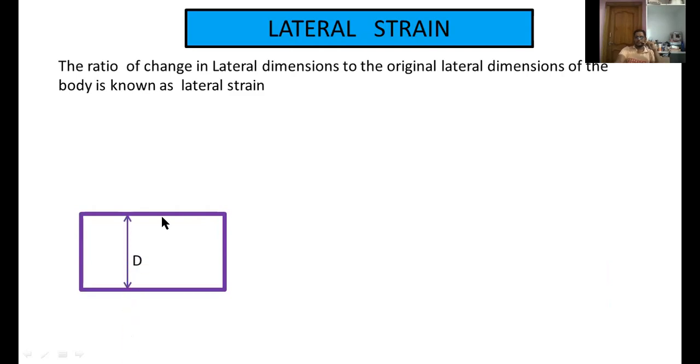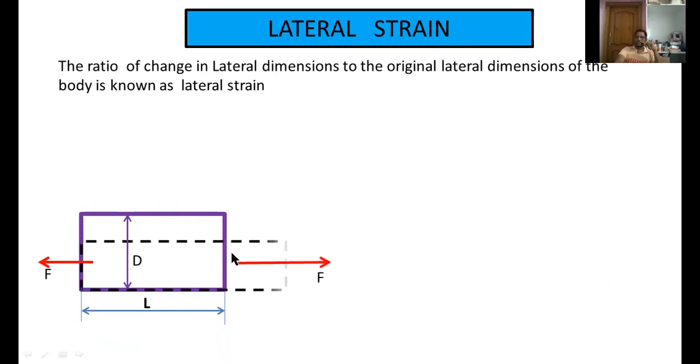L and D are the original dimensions of the bar. When you are applying tensile loads on the bar, the length of the bar increases and the diameter of the bar decreases. This increased length is called change in length. The decrease in diameter is called change in diameter.